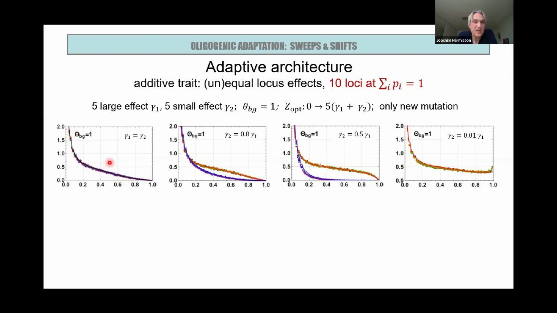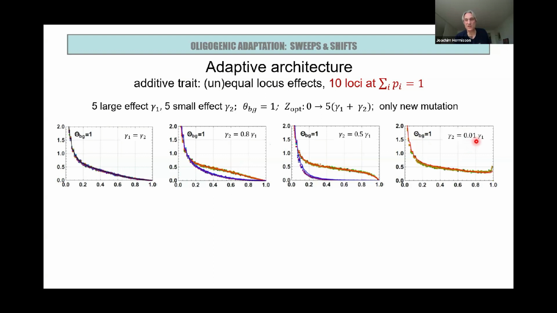But then here you now see differences coming up. So these are the larger effect size loci that contribute more, and the smaller effect size loci less. And here the differences become larger, and here, of course, these differences are extreme.